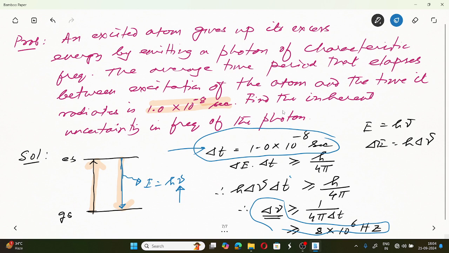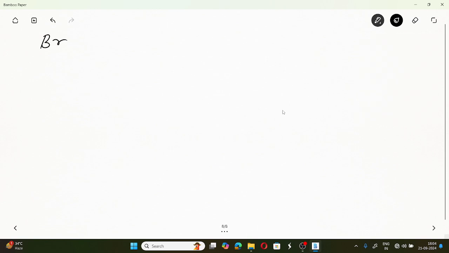So from this problem, we can explain the broadening of spectral lines.